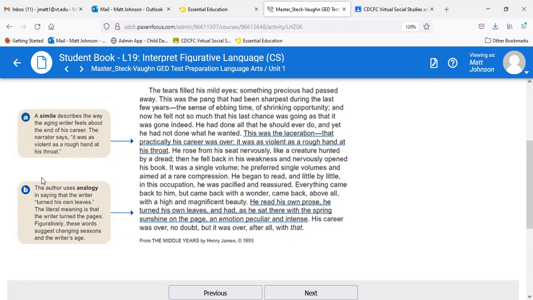So we're talking about an aging writer here, and he's worried that he's at the end of his career, sort of an existential crisis, I guess you could say. So underlined at the top here in our A text box, it says a simile describes the way the aging writer feels about the end of his career.